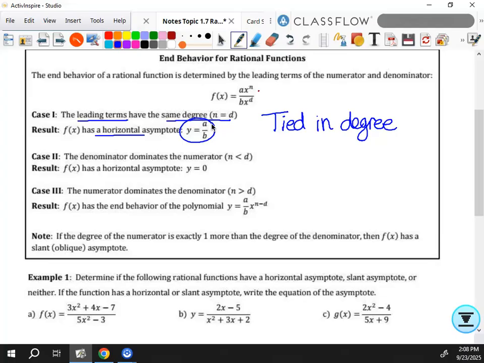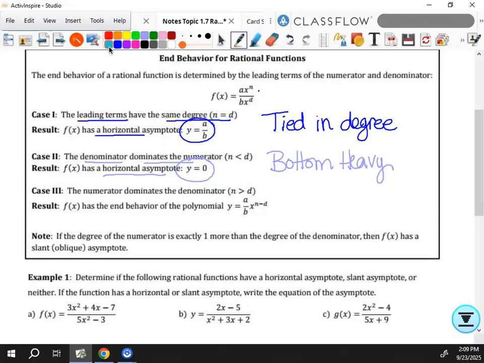Okay. Case 2. The denominator dominates the numerator. Denominator is bigger. That means this is bottom heavy. And then we know if the function is bottom heavy, that we have a horizontal asymptote at y equals 0. It requires no work or any other investigation of anything.